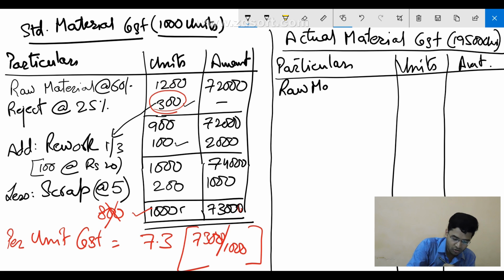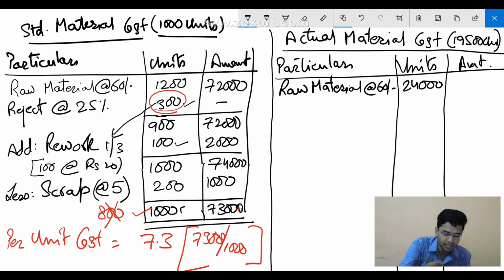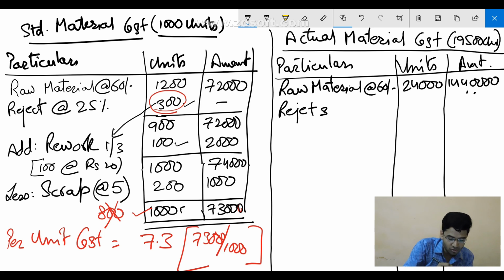Raw material cost, guys, actual raw material cost which has been incurred is for 24,000 units. Yes, question says that 24,000 units, and the price remains the same, rupees 60 per unit. So this comes out to 14,40,000 which has been incurred for raw material cost. Now the rejects out of this entire input should actually be 25%.